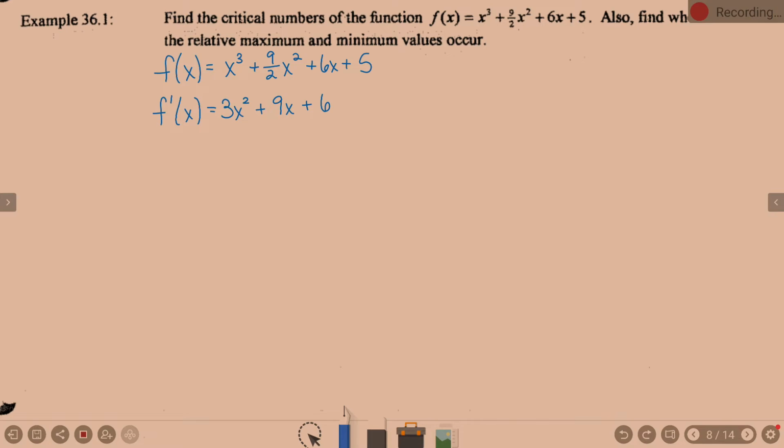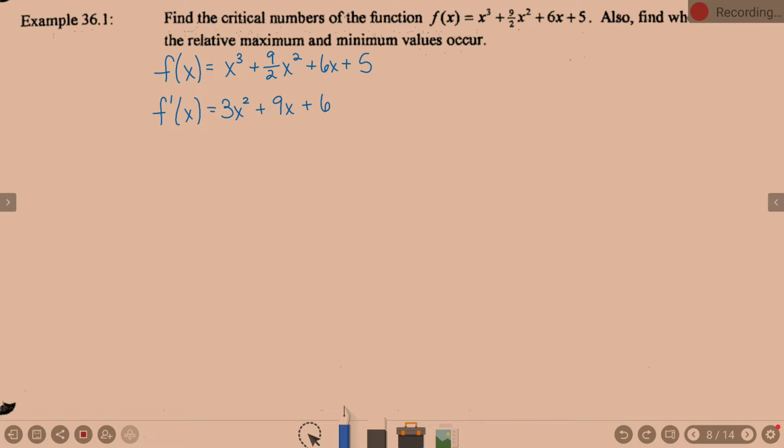Well, what do we do with this derivative? We want to know where the derivative either doesn't exist, which we won't worry about here. If we look at this graph, x cubed plus 9, this is a cubic, right? We know the type of shape it is. Our derivatives are going to exist here.